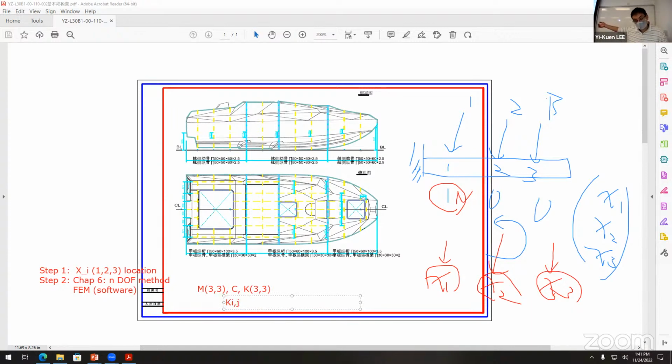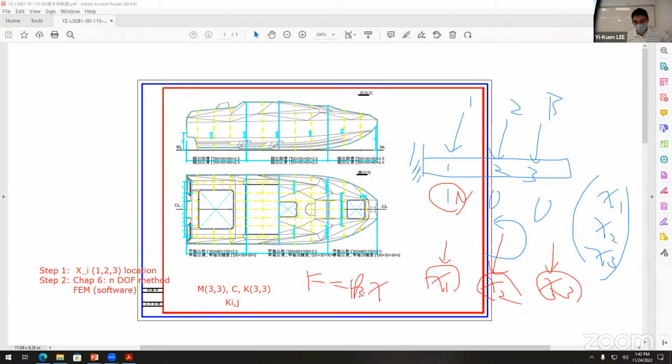We already discussed this. In our undefeated model, KIJ is defined as what? I hope you still remember. F equals KX. That's a simple way I can analyze this.